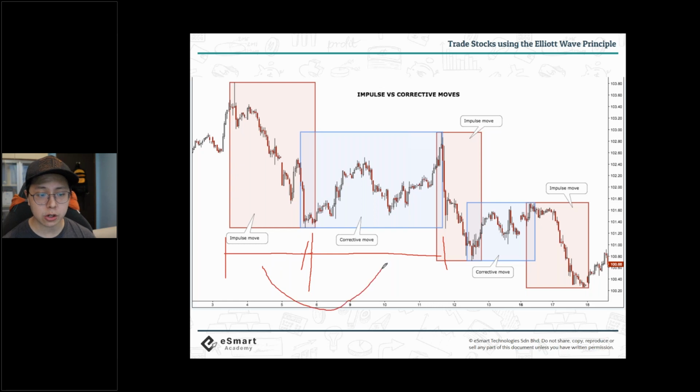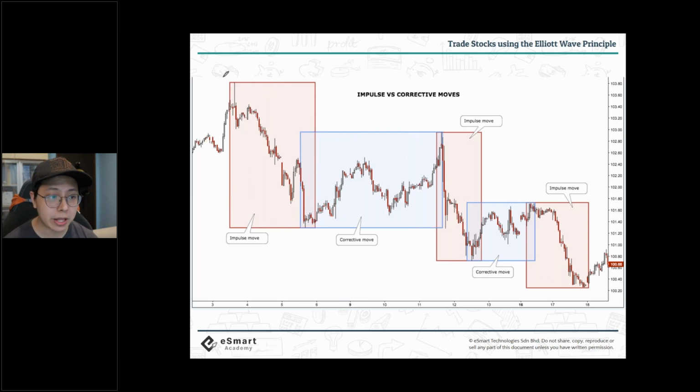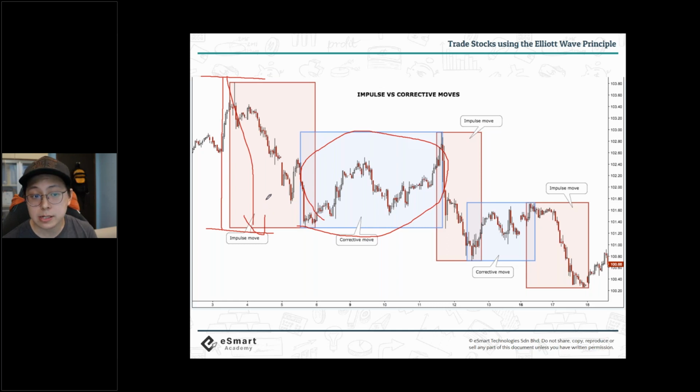If you compare the time these two take to develop relative to one another, immediately you'll see that this one is very, very long and this one is relatively shorter. Not only that, if you take a look at the magnitude of price, this development relative to this move down here is perhaps about 60%.